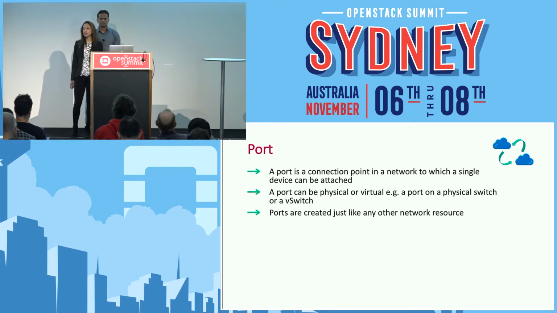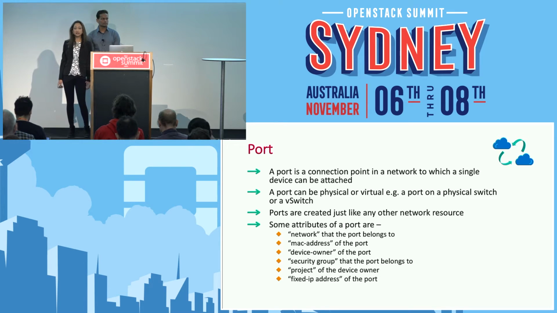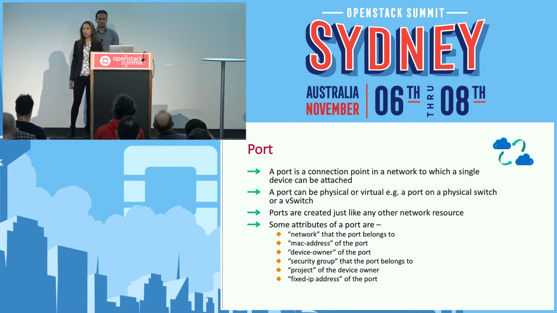Ports are created just like any other network resource. And here are some attributes of ports. You can have network, that tells you the network that the port belongs to, the MAC address of the port, the device owner of the port, the security group that the port belongs to, the project of the device owner, and the fixed IP address of this port.